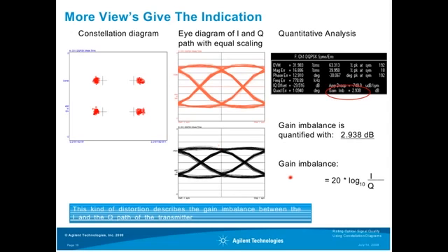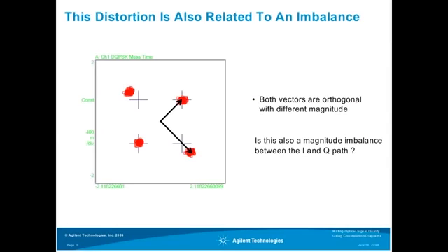So this leads to the indication that you have a gain imbalance, and the instrument directly shows you that the gain imbalance here is about 2.9 dB. The gain imbalance is defined as 20 times log base 10 of the ratio between the I and the Q amplitude. So the gain imbalance describes the imbalance between the I and the Q path of the transmitter.